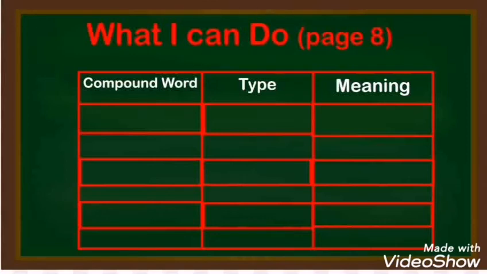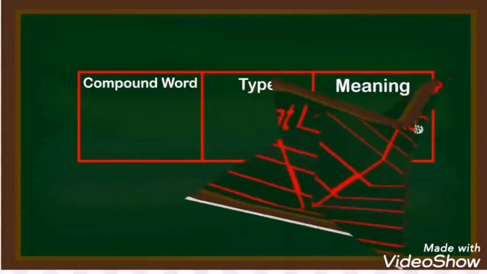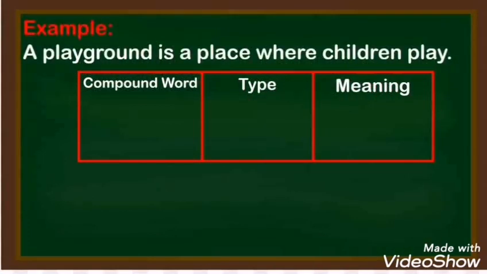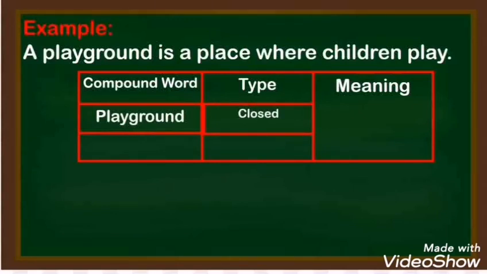Copy the following chart in your notebook, then fill in the needed information based on the sentences below. The first one is done for you. Example: a playground is a place where children play. Playground is our compound word, and it is a closed compound word. Playground is a place where children play.